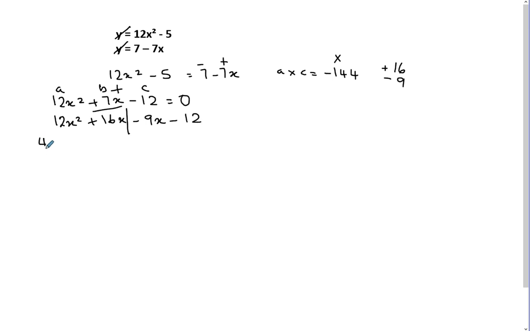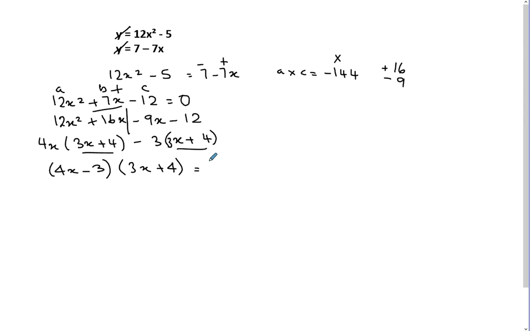So you've got 4x, and then you've got 3x plus 4, minus, those two have 3 in common, and then 3x plus 4, and voila, those two agree. So you can put it back, or you can put it as double brackets, 4x minus 3 and 3x plus 4 equals 0.